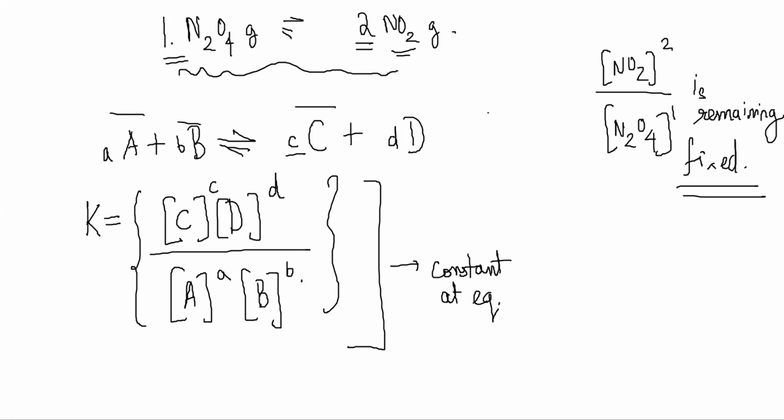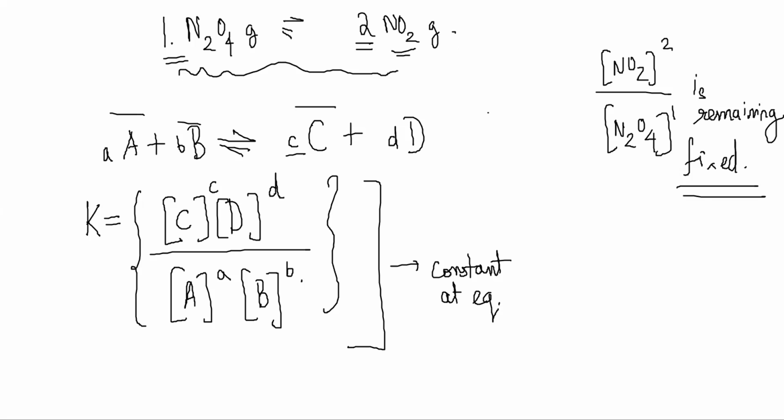So constants Kp and Kc for gas phase reactions like aA + bB gives cC + dD are obviously going to be related, because the amount of gas will be related to the pressure, no? He's saying that the pressure of each component in a mixture of ideal gas is directly proportional to its molar concentration.